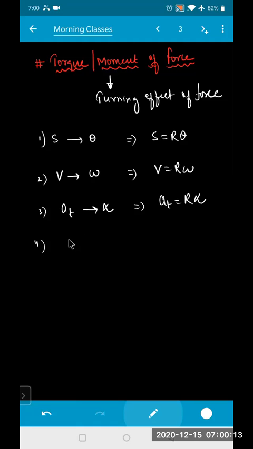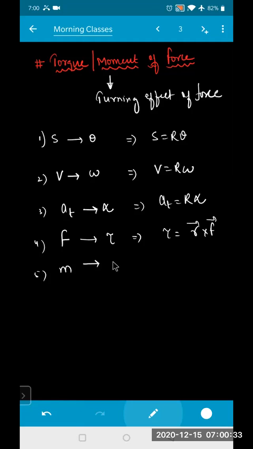The same way, in Newton's laws of motion we represent force, in circular motion we represent torque, beta, and here torque is equal to r bar cross f bar, a cross product. Next one is mass. In Newton's laws of motion we represent mass by m.